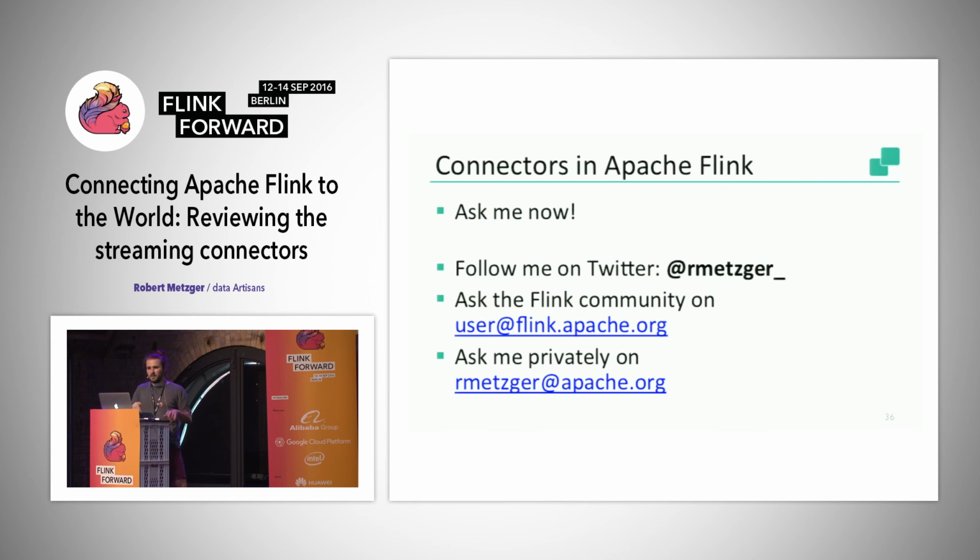But I'm not sure this is possible, because the way Spark and Flink do fault tolerance is very different. Flink has asynchronous checkpoints, and Spark relies on micro-batching and can just repeat a whole micro-batch if it fails.